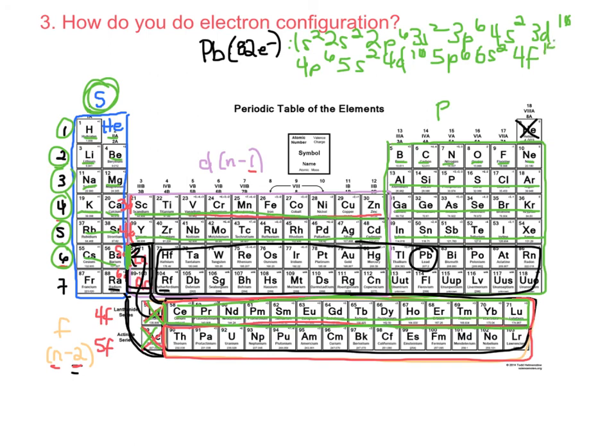So 4F, 14. Then we're in 5D because now we have to count where lanthanum through mercury are. So 5D, and there are 10 of those elements. 10. And then we're back in the sixth row, 6P2, to get you to lead.